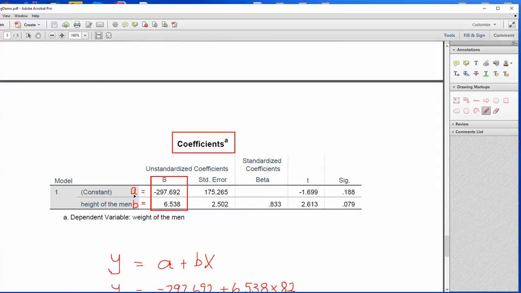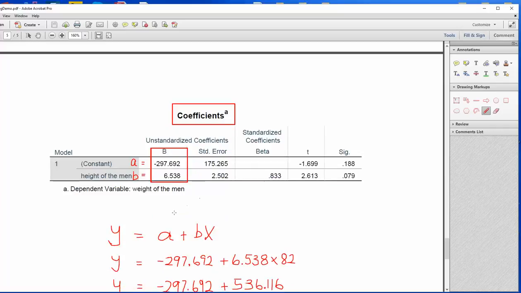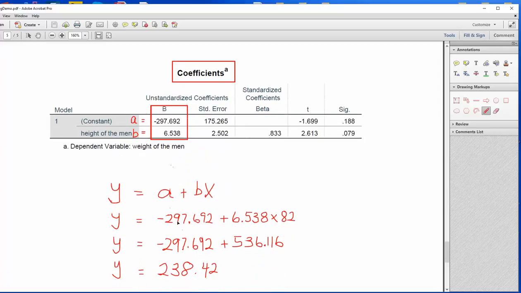And as I said, this negative 297.692 is A in the regression model, and B is 6.538. Now the regression model is y equals A plus BX. The A is negative 297.692. That is plugged in here. Plus B is 6.538. 6.538 is plugged in here.